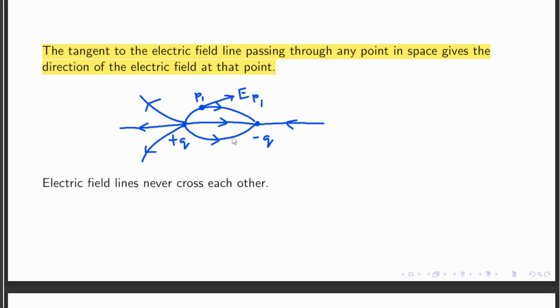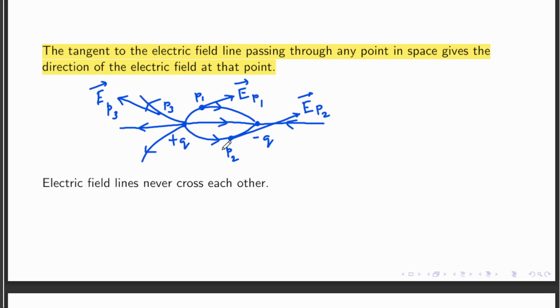If I want to find the electric field at point P2, once again I draw a tangent at P2, and this indicates the direction of the electric field at P2. Similarly here, P3, draw a tangent. This will be the electric field at P3.